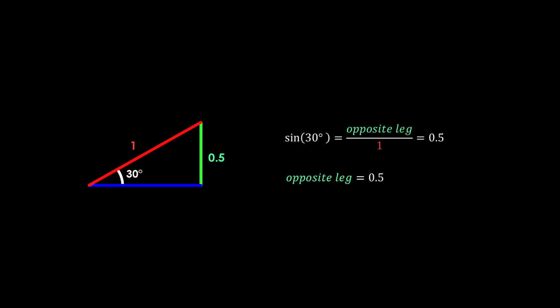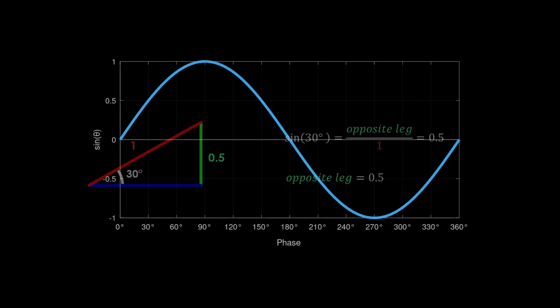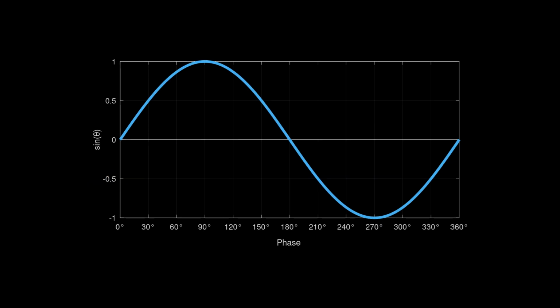If we plot the sine function with angles from 0 degrees to 360 degrees, we get this curve, which we know as a sine wave. In fact, it is called a sine wave or sinusoid precisely because it comes from the trigonometric function sine. The reason why we can calculate the sine of angles greater than 90 degrees is because in those cases the right triangle flips.